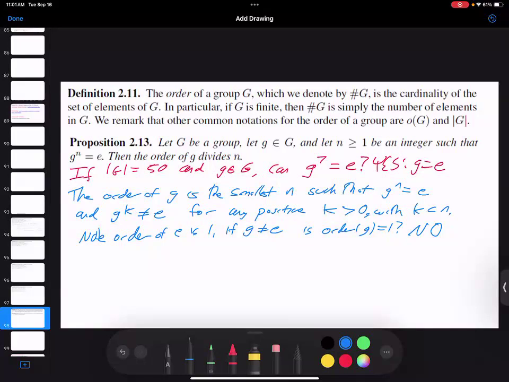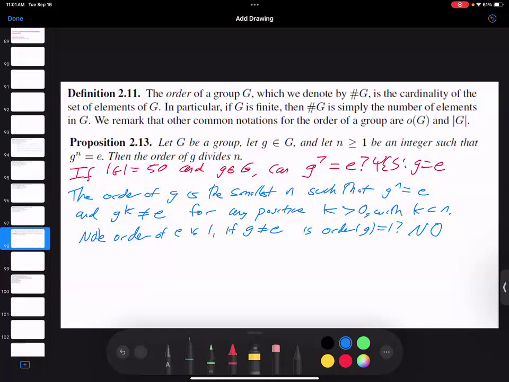Okay, so the question is, how would we try to prove something like this? What are your thoughts? Do you think the proposition is correct?